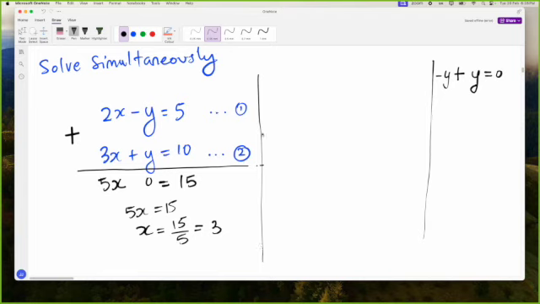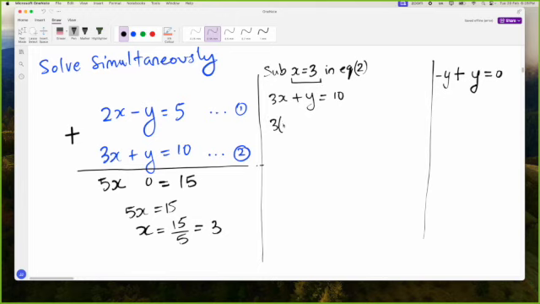Now, once I have x, I could sub x equal to 3 in any one of the equations. Equation 2 looking like it could be easier because it has a positive y there. All right, so let me go with equation 2, right? 3x plus y is equal to 10. I substitute in x is equal to 3.